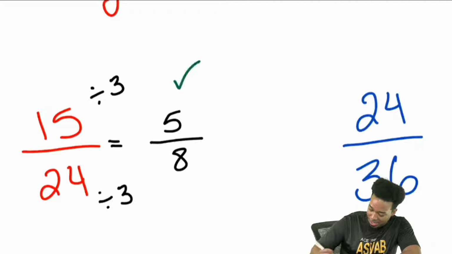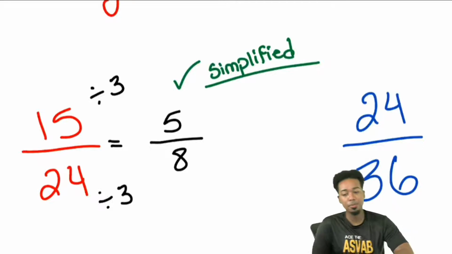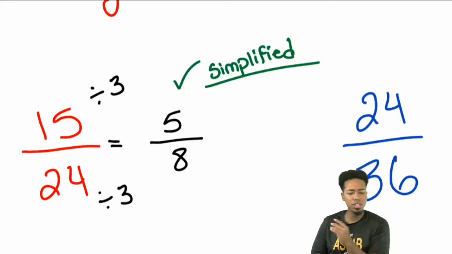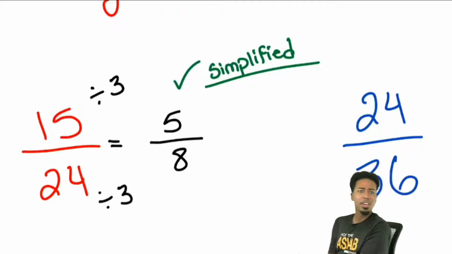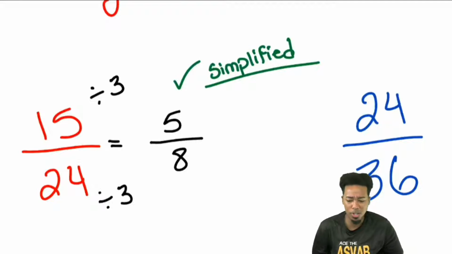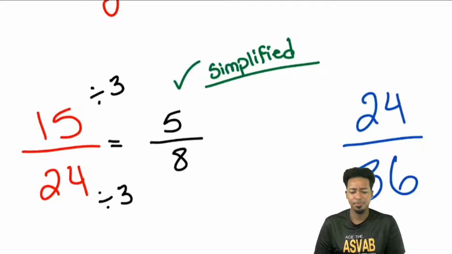So we see that this is simplified and we are good. Everybody, are we understanding of how we got to 5 out of 8 in this first example? Sweet. Perfect.